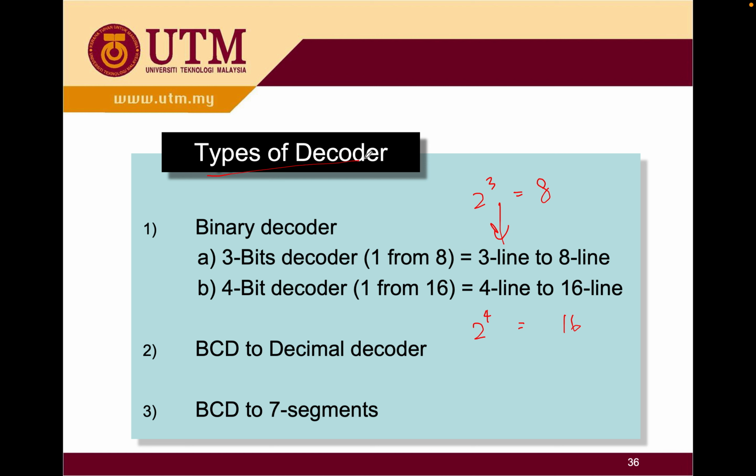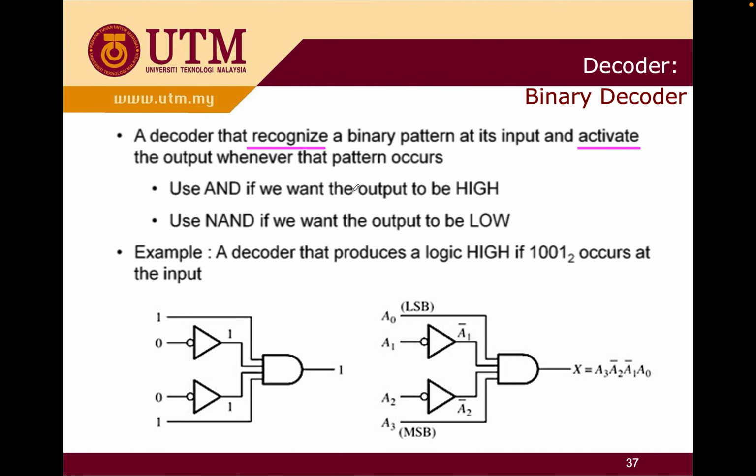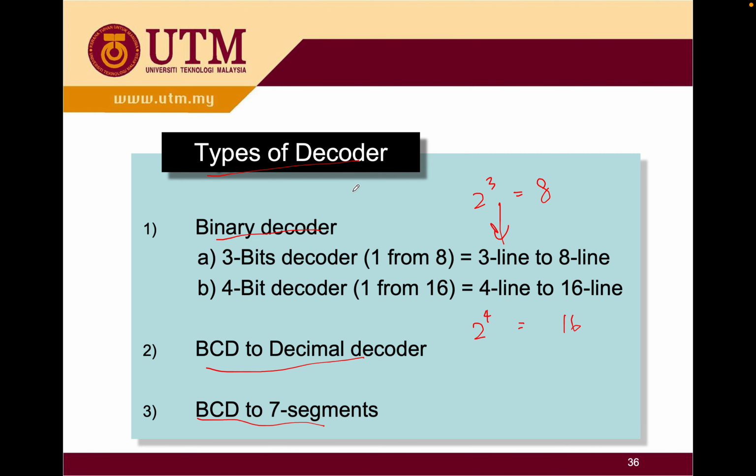So there are 3 types of decoder. One is the binary decoder. Two is the BCD to decimal decoder, and lastly the BCD to 7 segment decoder. Okay, so we're going to look into them one by one. Binary decoder first, then BCD to decimal decoder, and lastly your BCD to 7 segment.